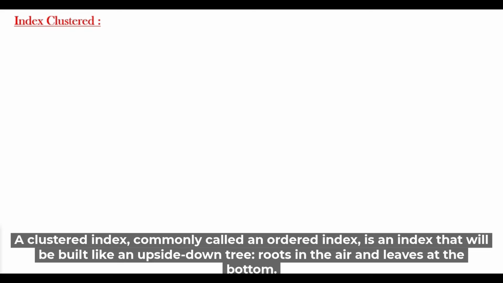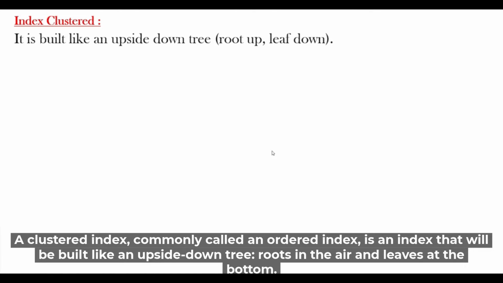So what is a clustered index? A clustered index is an index that is built like an upside down tree, with roots in the air and leaves at the bottom.